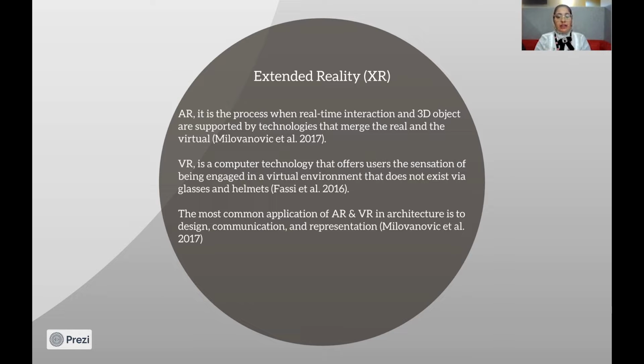It's the process when real-time interaction and 3D objects are supported by technology that merges the real and the virtual, while virtual reality is computer technology that offers the user the sensation of engaging with the virtual environment via glasses or a helmet. However, the most common application for AR and VR in architecture is for design, communication, and representation.